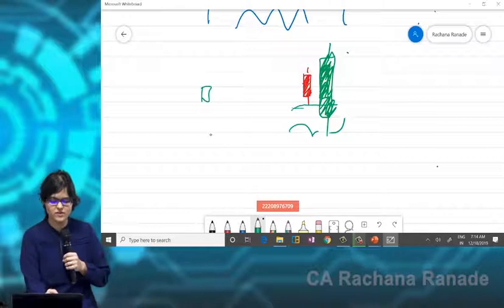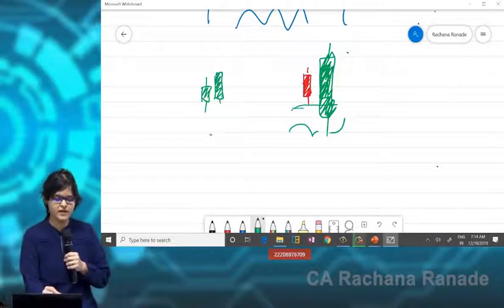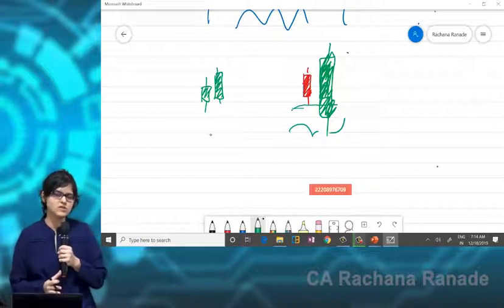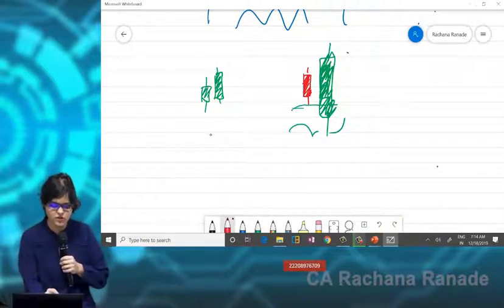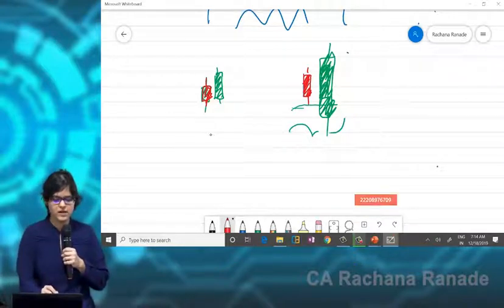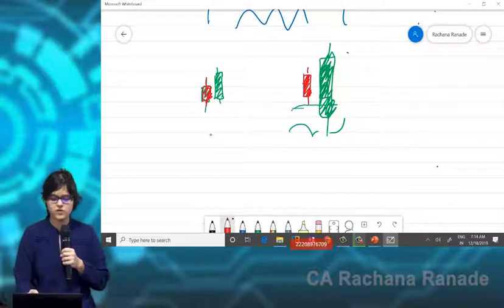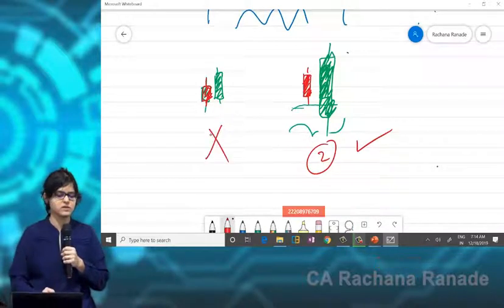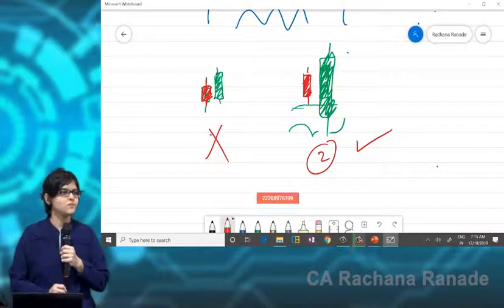I guess I had drawn it something like this. Had it completely engulfed? No. So this looks like a bullish engulfing candlestick, of course this was in red, which I drew, but this is not a convincing bullish engulfing candlestick. Which one is the correct one, first one or second one? Of course, the second one is correct. This one is not correct as a proper bullish engulfing candlestick.